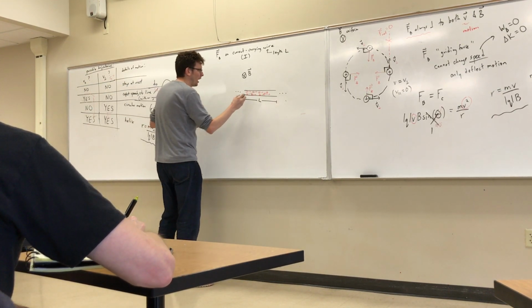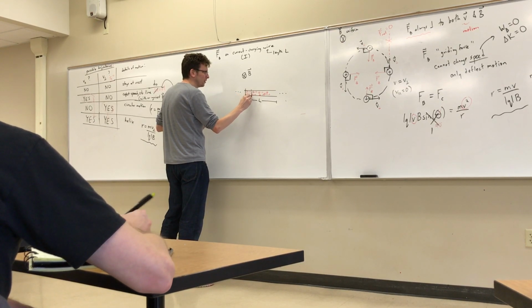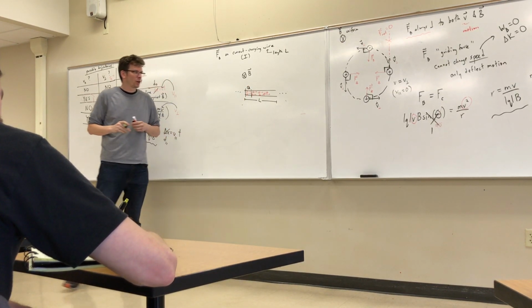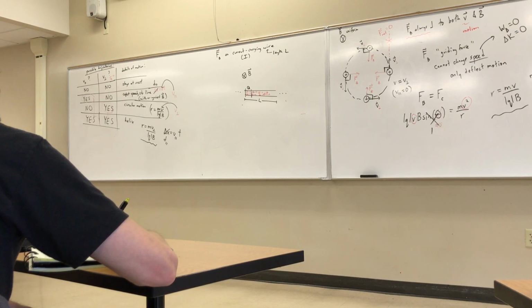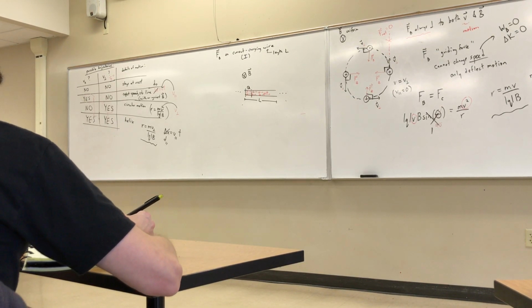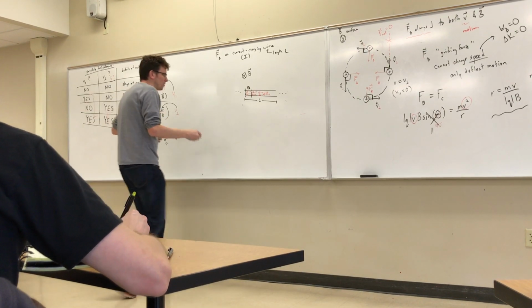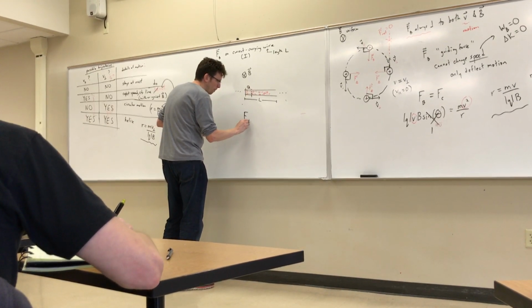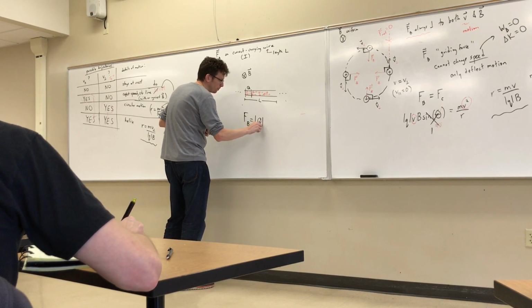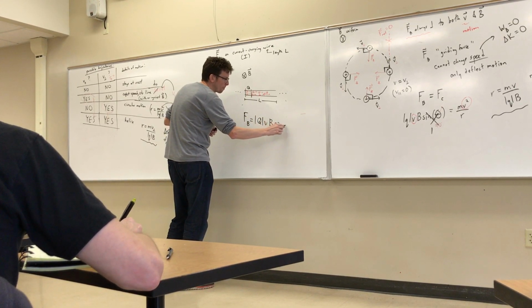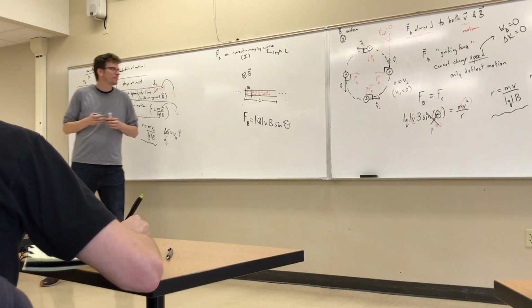And in any given cross section here, I can call the amount of charge I have there Q. So that might consist of a bunch of electrons there. And the force on that charge will look like that.